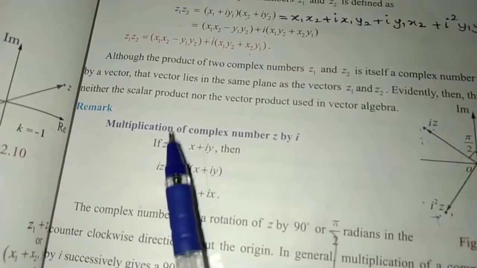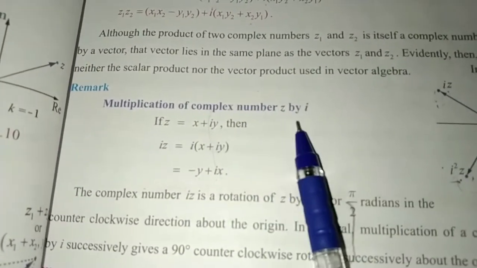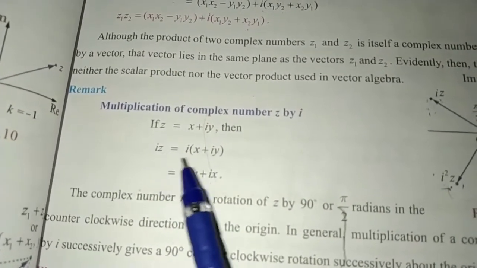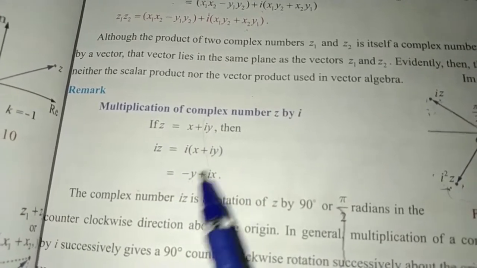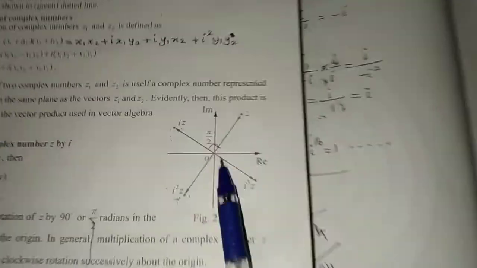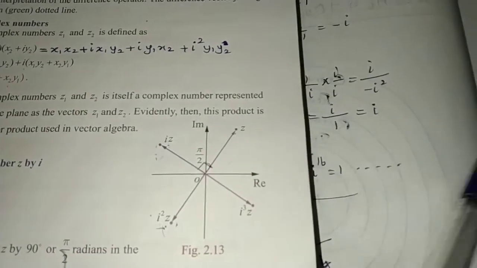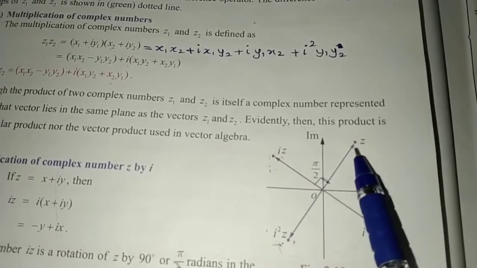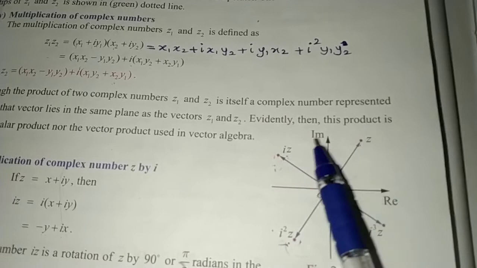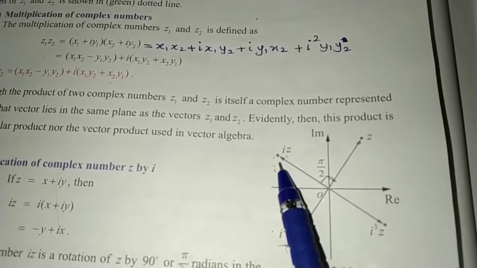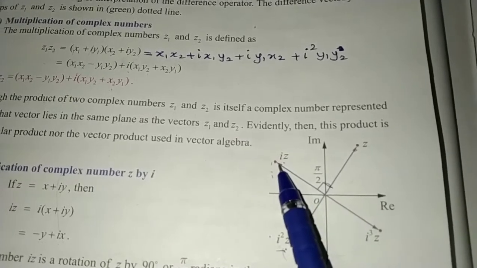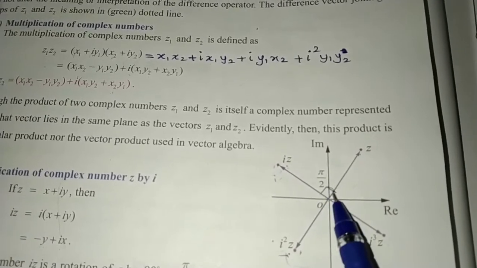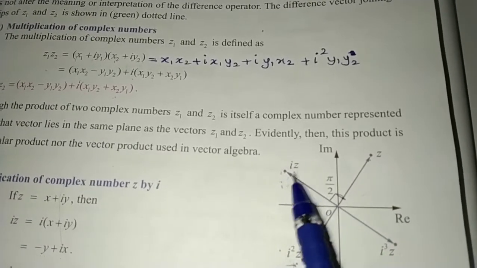And another one is multiplication of a complex number z by i. Now z equal to x plus iy, multiplied by i, that is i into x plus iy, multiply, we get minus y plus ix. See the Argand diagram. This one is z. Now this one multiplied by i, that is, the complex number iz is the rotation of z by 90 degrees in the counterclockwise direction.